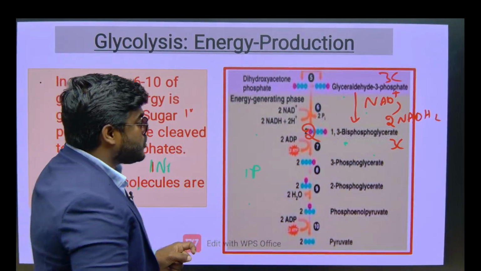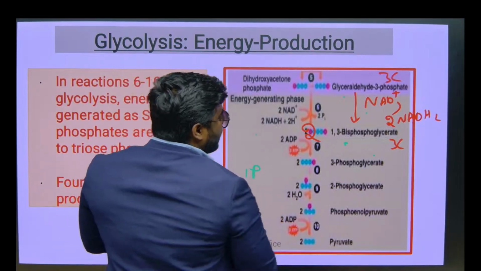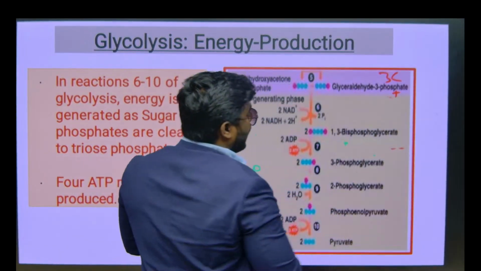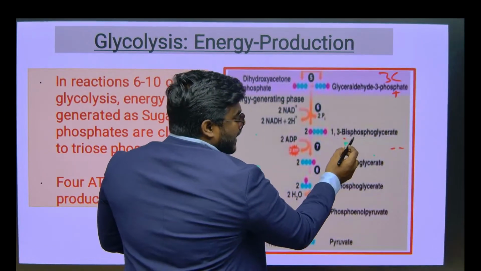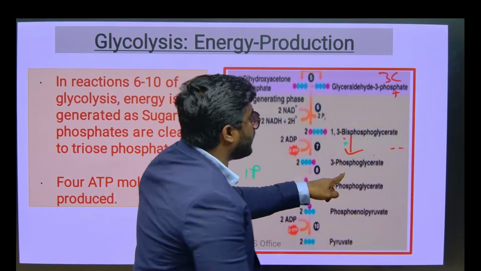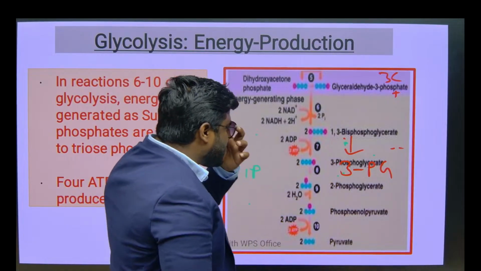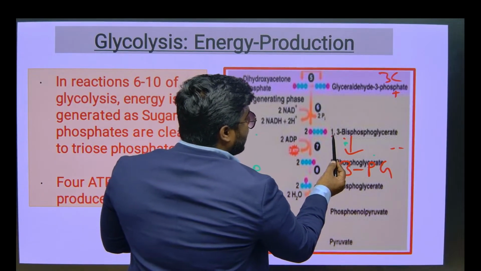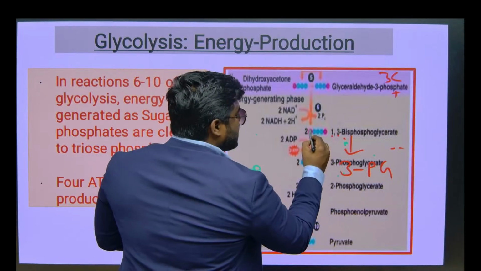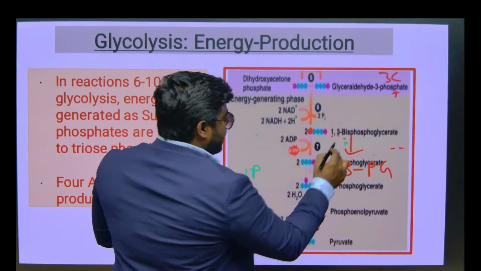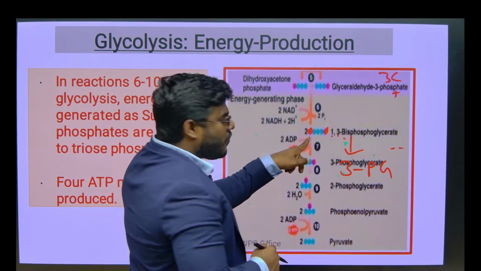Crystal clear. So now friends, how many carbons does 1,3-bisphosphoglycerate have? 3 carbons. It is converted into 3-phosphoglycerate. Tell me what is the difference. If you observe 1,3-bisphosphoglycerate, the first carbon contains a phosphate group, and the third carbon contains a phosphate group.